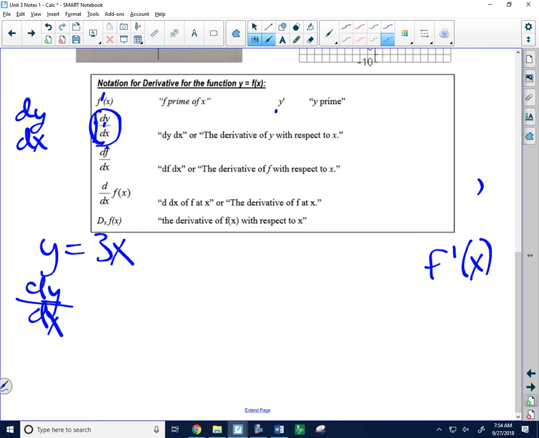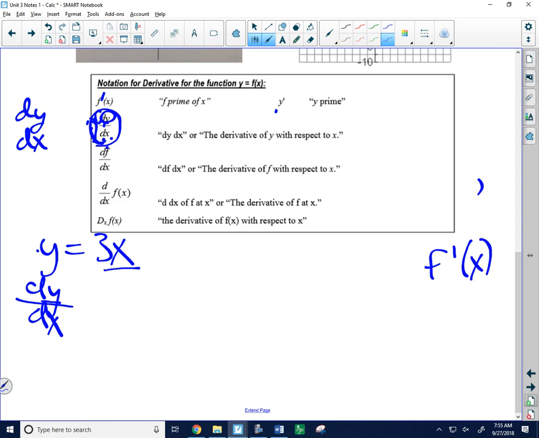So here's what this means. This way is actually slightly better because it tells you what variable you're taking the derivative with respect to. Right here it says dy dx, the derivative of y with respect to the x variable. That's what this means.